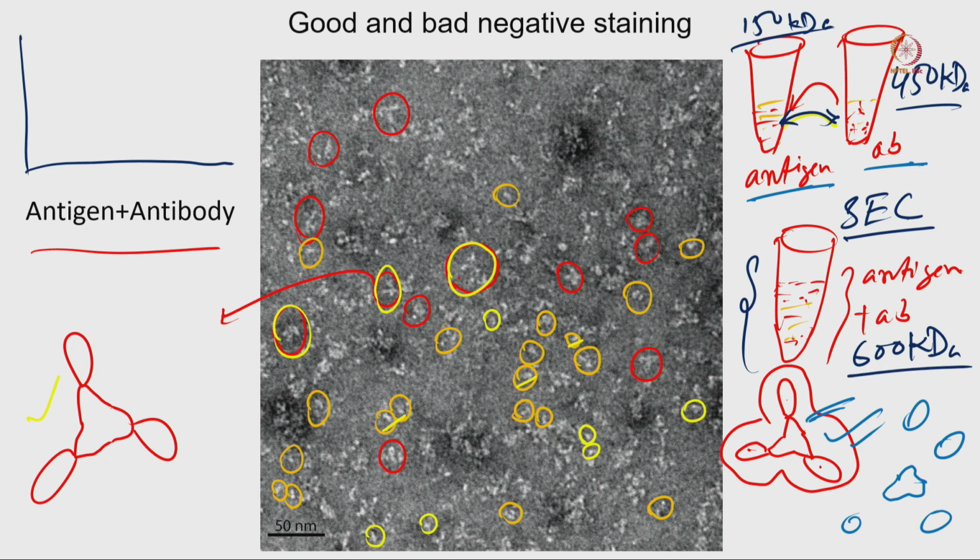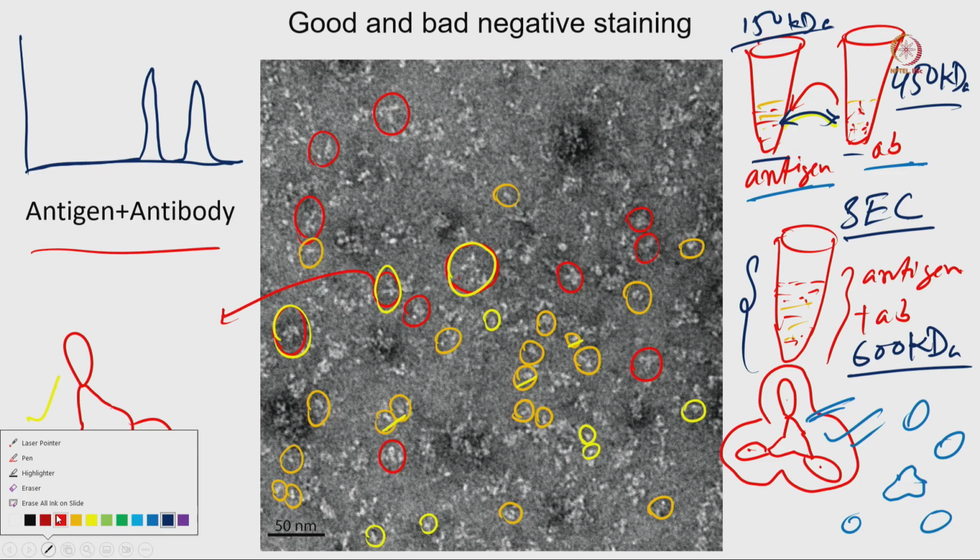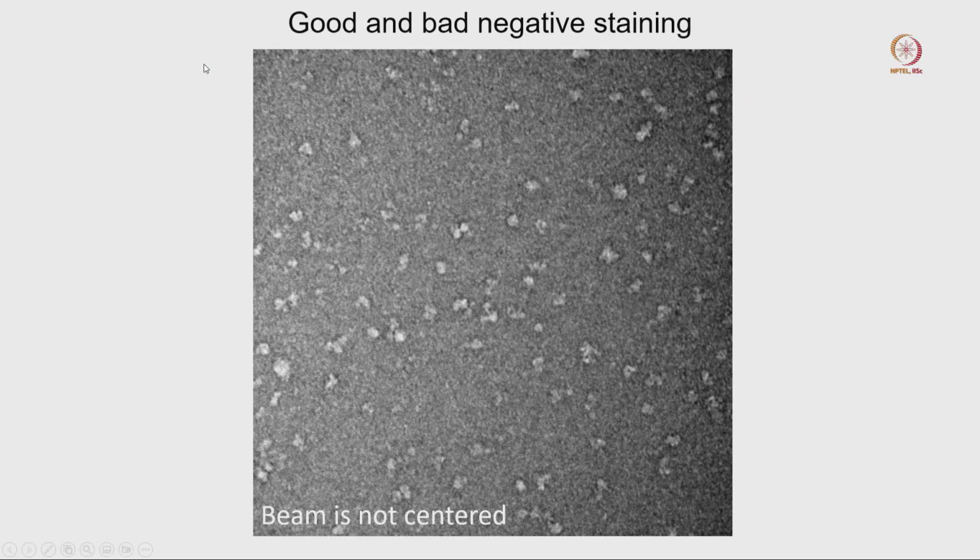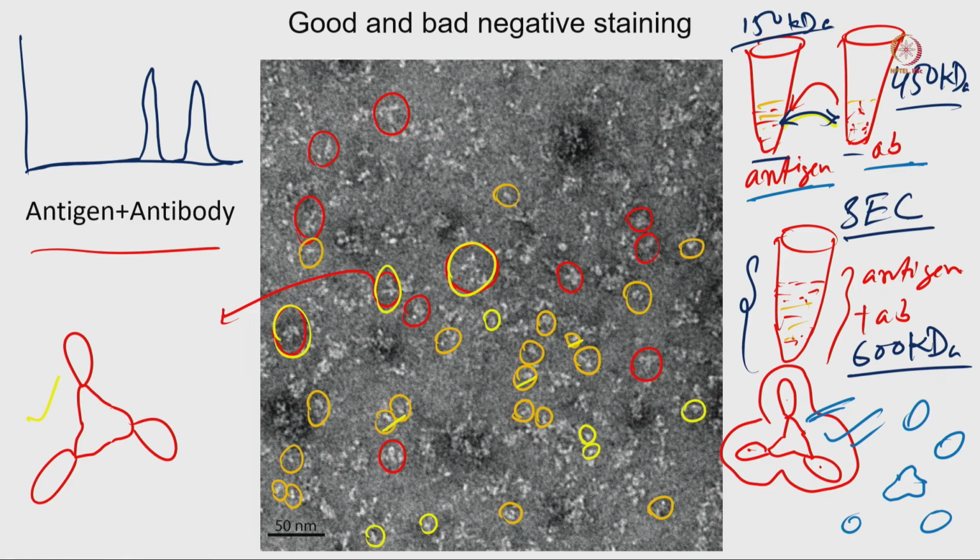So now if you purify this antigen and antibody, it will elute somewhere. In this particular case, this is 150 kilodalton, and this we consider 450 kilodalton. Now, when we have the complete complex, something like this one, if we try to elute molecular weight-wise, it will elute at the beginning, so it will be 600 kilodalton.